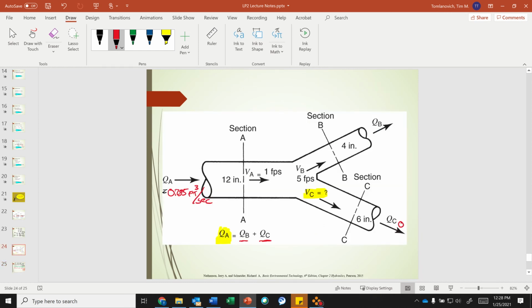This is 0.428, so this plus this has to equal this, because Q in has to equal Q out. So now we know a Q, we know a diameter, and we can back calculate a velocity.